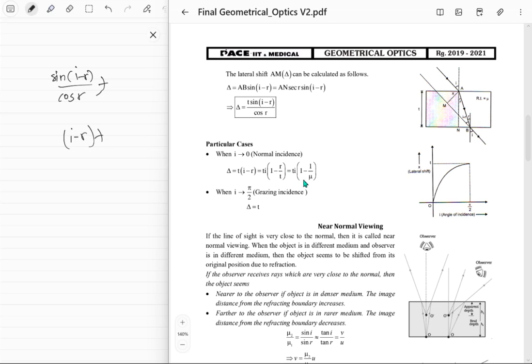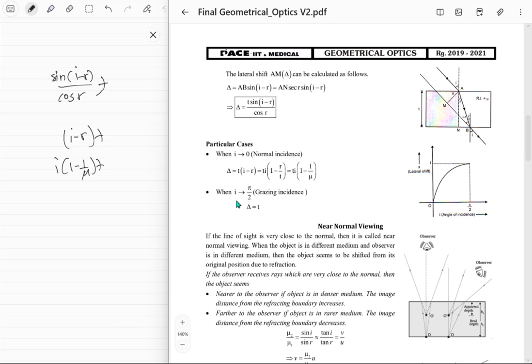That's unexpected. Oh, okay, no, that's for a different case. For this case, we know sine I upon sine r is equal to n, and that just means r is equal to I upon n, so I upon mu. And that just means it's I times 1 minus 1 upon mu times t. That's what this shift is.